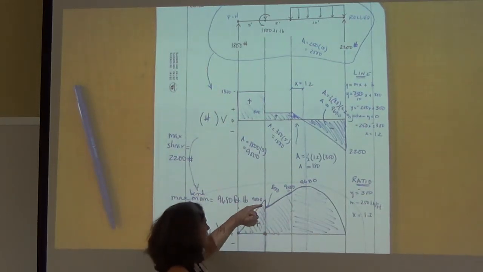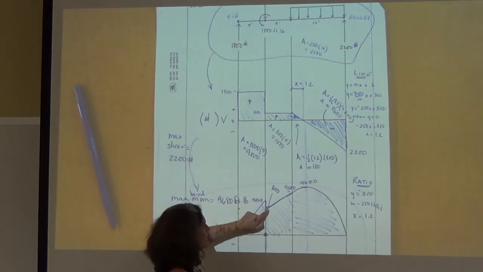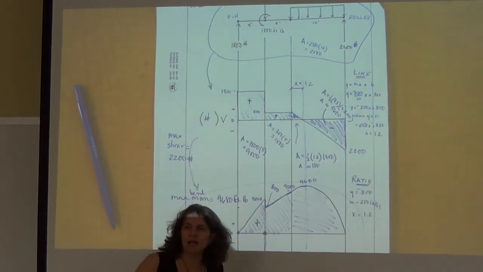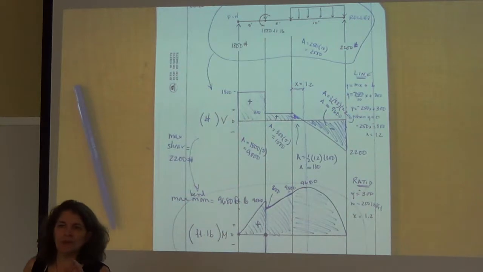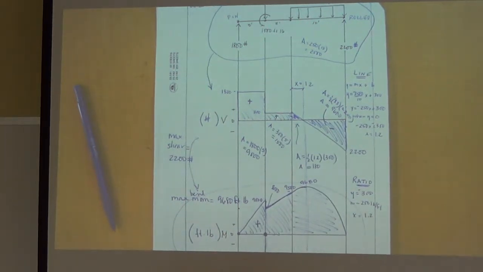So it just means that this section is experiencing a higher moment right here than this. But it's not like I'm screwing with that beam right in that spot and confusing it. That's not happening. Okay.